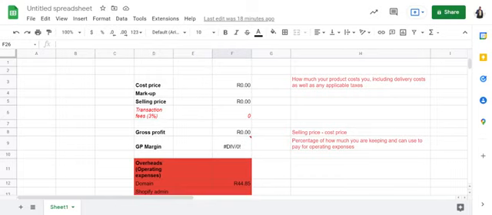So if you are spending 1,004 on fuel and you are buying 10 items, you are basically spending 140 rand per item in terms of fuel. So your cost is not just 100 rand for the actual product, it's also plus the 140 for the transportation.